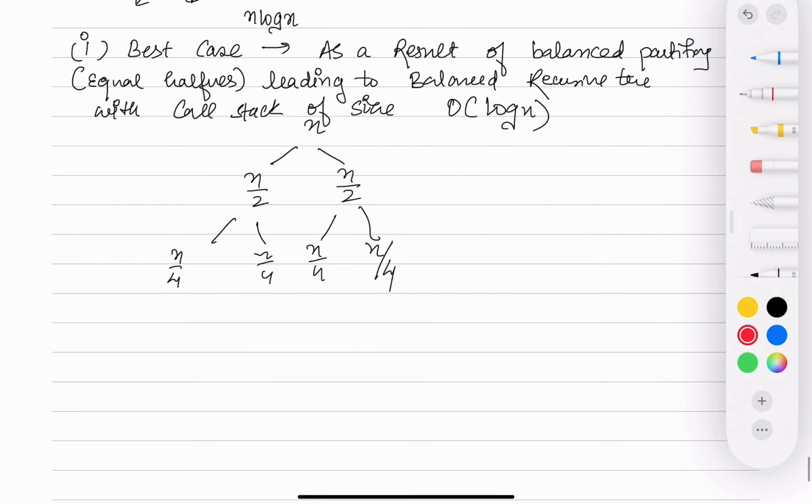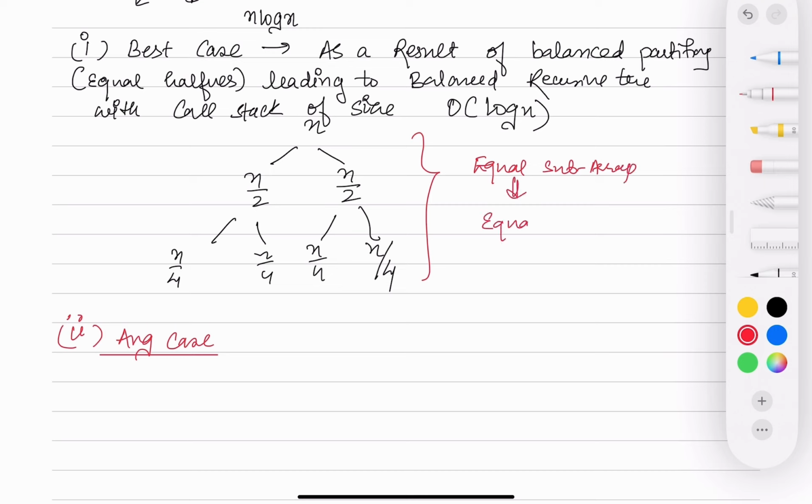Now the same thing holds for the average case, because in the average case you might not get exactly equal subarrays, but you will get two partitions which may not necessarily be equal.